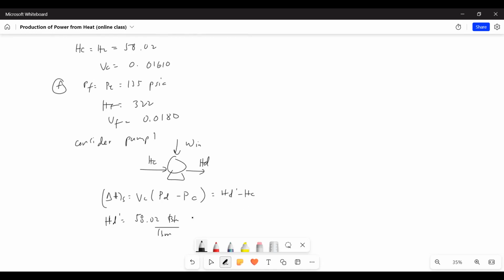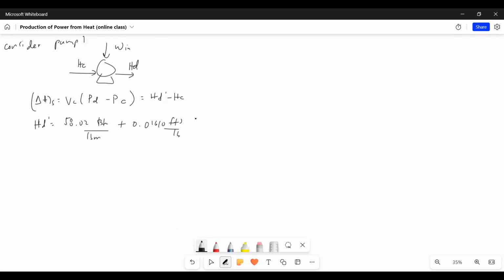Okay. Plus VC, that's 0.01610 feet cube per pound. Okay. Times 135, that's PD minus PC. Diba? So, anong unit ng PSI? Pound force per inch square, diba? That's PSI, pressure. So, we convert to BTU.